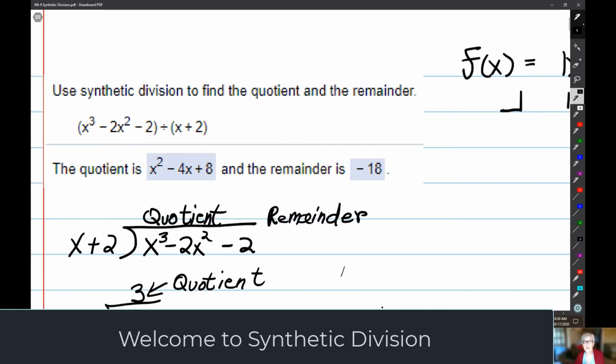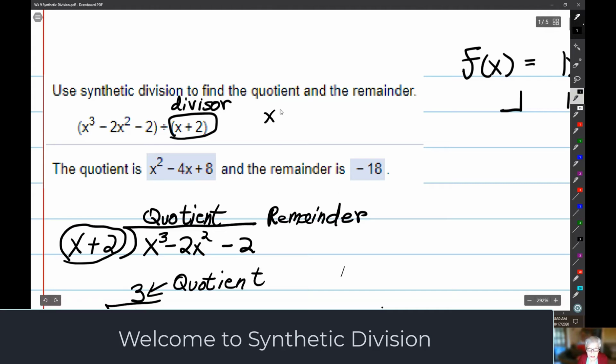This is what you have to do to see what number it is you're going to put in the backwards L. Take your divisor, the number you would put out here in a long division problem. Take x plus 2 and set it equal to 0 and solve for x.